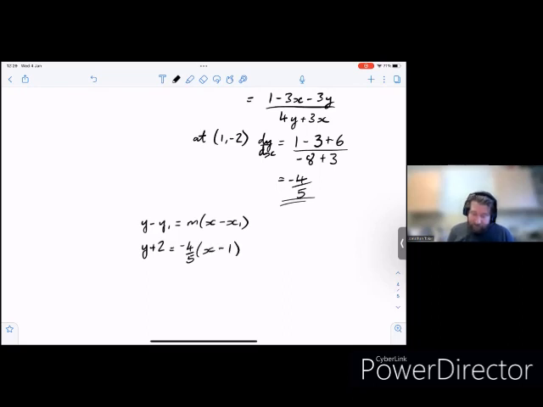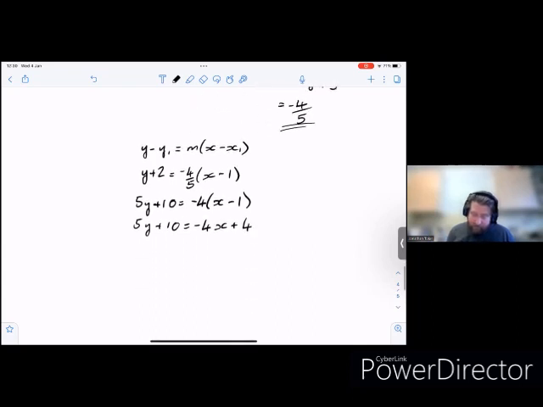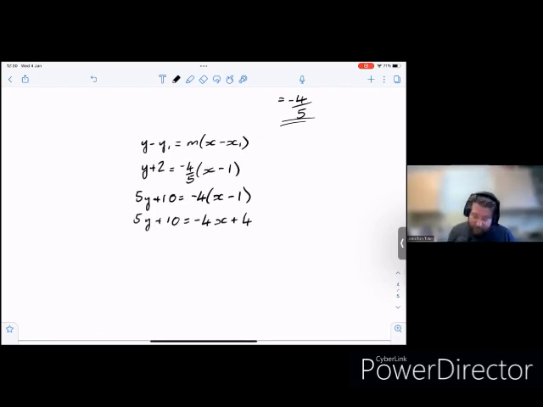Multiply both sides by 5, we get 5y plus 10 equals minus 4 times (x minus 1). Expand that right-hand side, we get 5y plus 10 equals minus 4x plus 4. And again, with this question, it wanted everything on the left-hand side. So we get 4x plus 5y plus 6 equals 0.